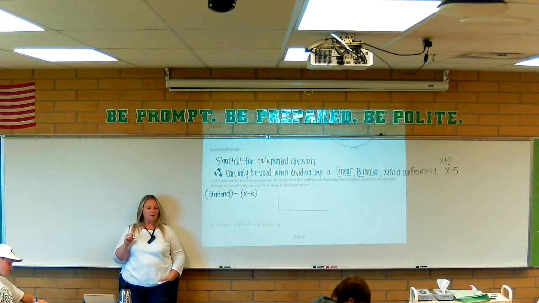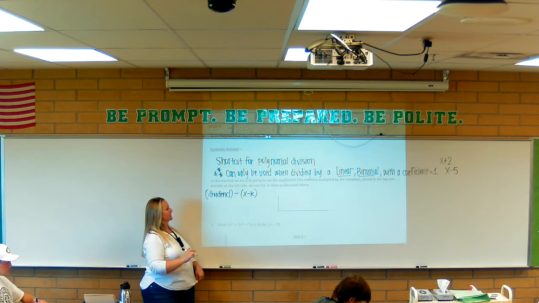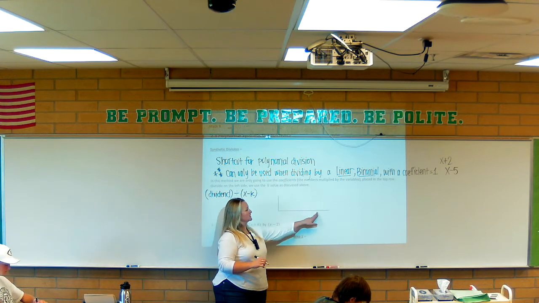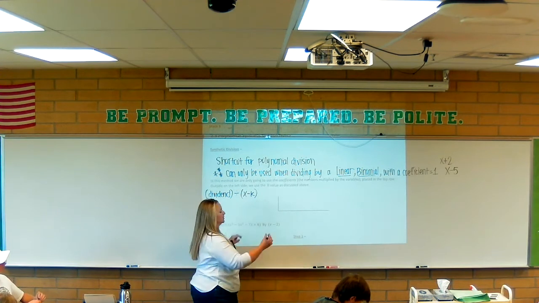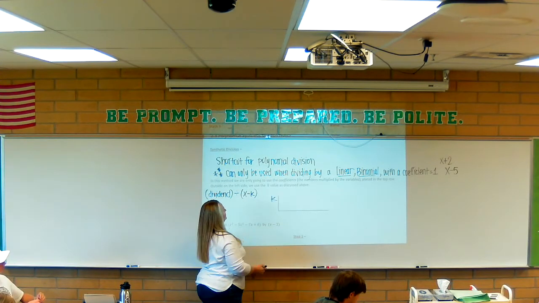If that's the problem I'm asked to do with synthetic division, then the first thing I'm going to do is set it up. For the setup, we use a bar like this. It's going to look kind of weird. Again, very artificial. We're going to put not negative k, but positive k right here.